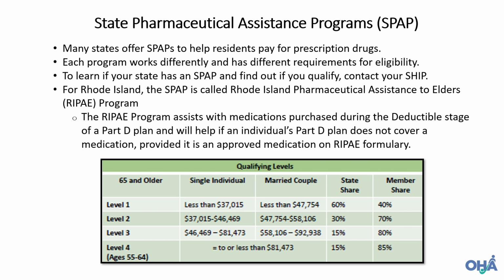The Rhode Island SPAP is called the Rhode Island Pharmaceutical Assistance to the Elderly program. The RIPAE program assists with medications purchased during the deductible stage of Part D. It will help if the individual's Part D plan does not cover a medication, provided that it is on the RIPAE formulary. Below are the income guidelines for Rhode Island RIPAE.